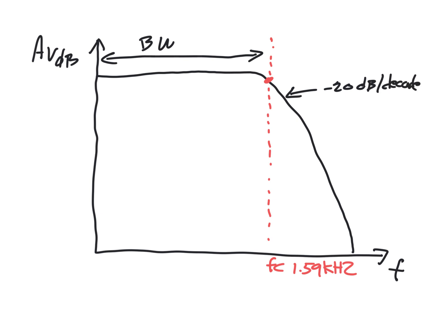Now by using more resistors and capacitors, you can increase that roll-off rate. You can make it 40, 60, 80, 120, and all that does is make this corner sharper, and it makes it roll off quicker.